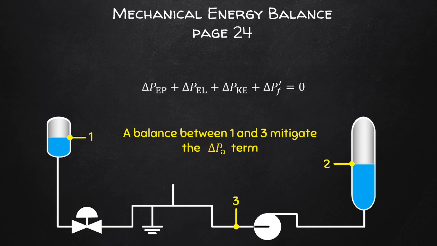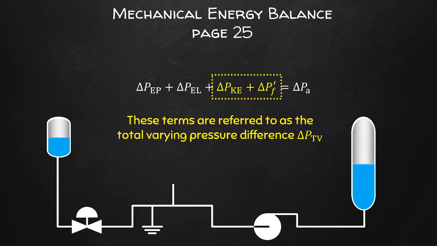Now, if you consider the mechanical energy balance, certain terms would change with certain flow rates, while others will remain unchanged. Like the endpoint differences, the elevation would also not necessarily change at all with changes to fluid flow, while the kinetic energy and the frictional losses would be affected by the flow.